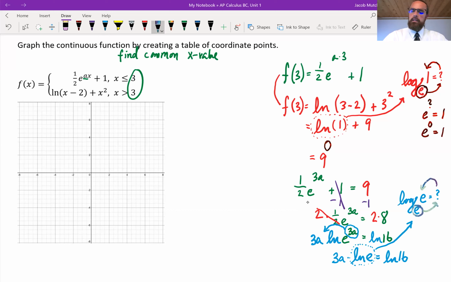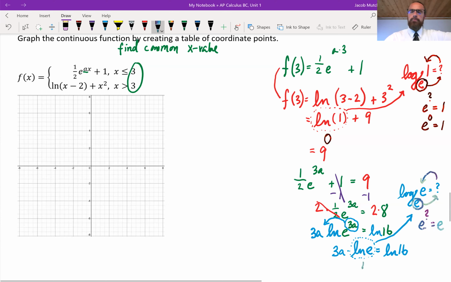So let's think exponential rules. What power would I raise a base to give me back the base identically? 1. So the natural log of e is in fact just 1.